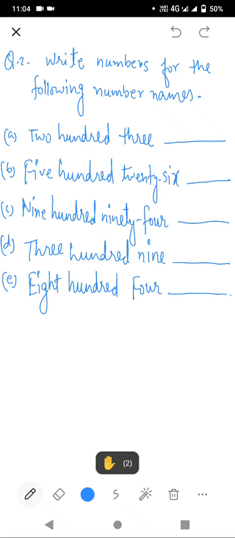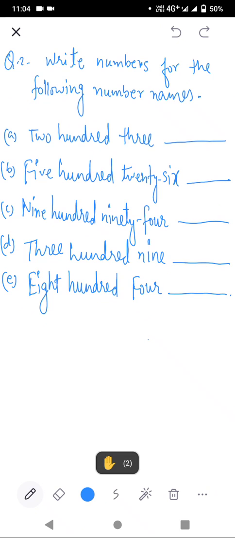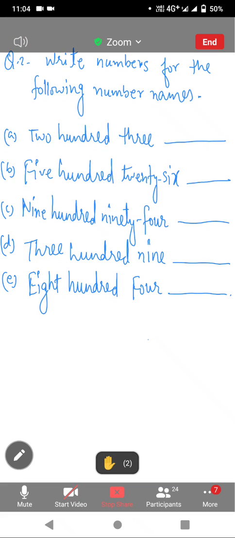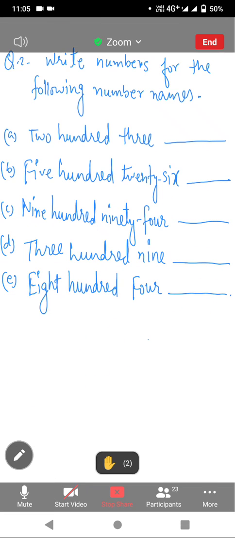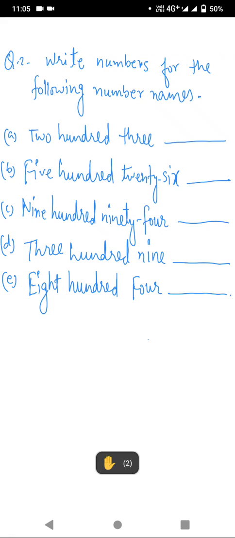These are 5 questions that you have to solve. So copy them quickly in your notebook. Students, I have shared these questions on WhatsApp also.